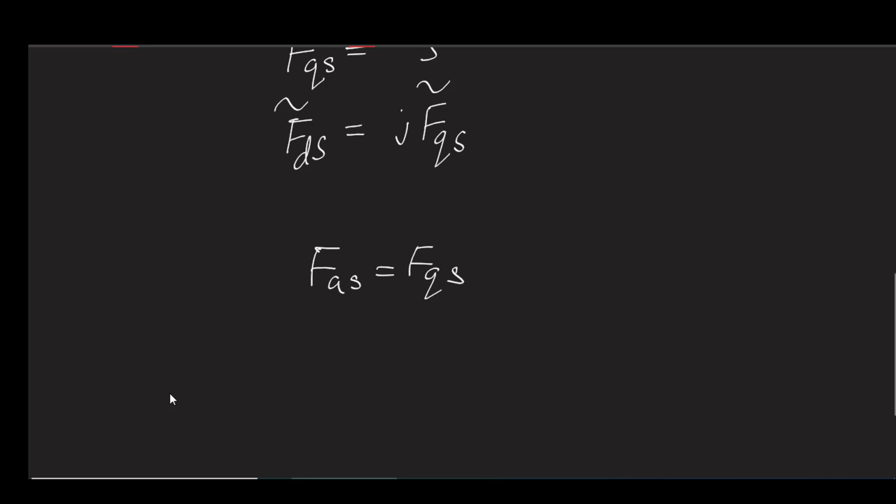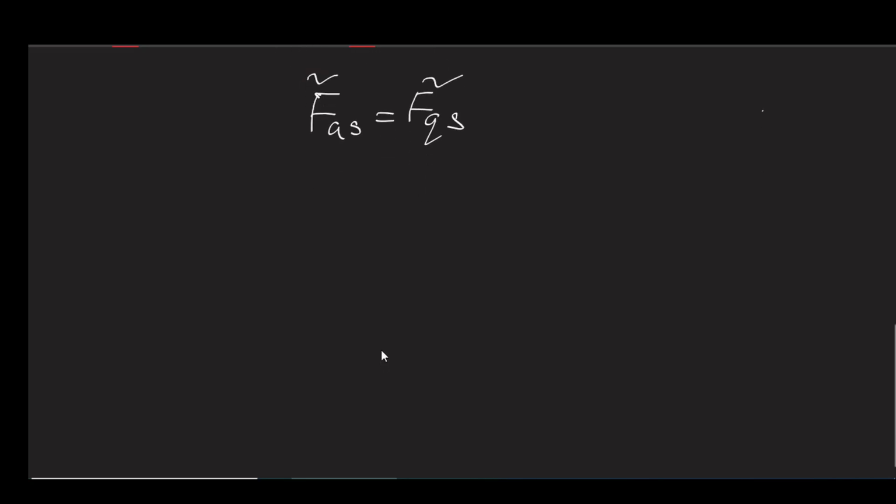Now, in the synchronously rotating reference frame where omega is equal to omega_e, what you will have is, sorry, this indicates the phasor magnitude.